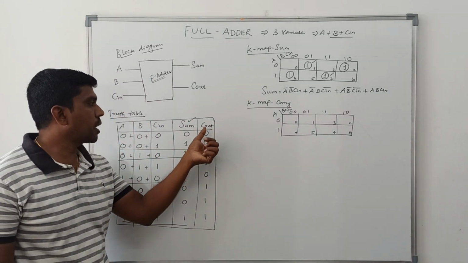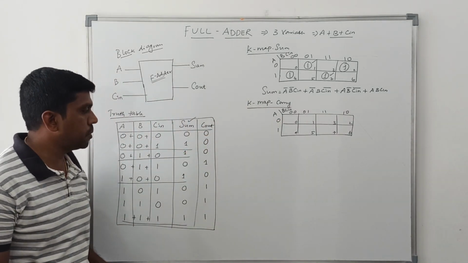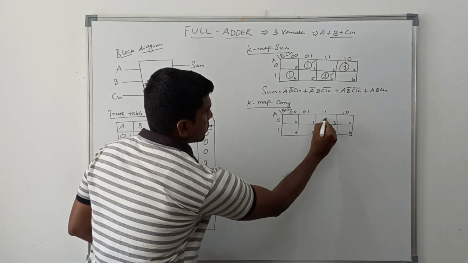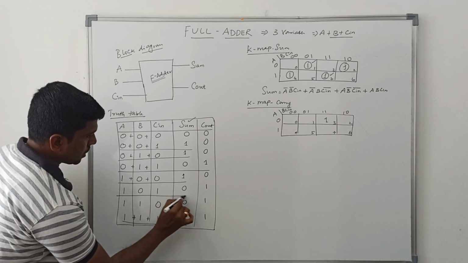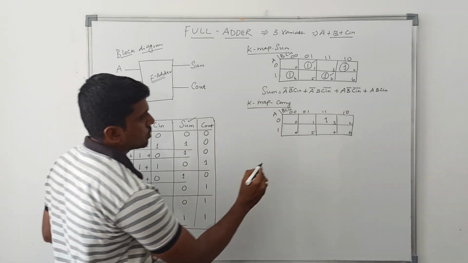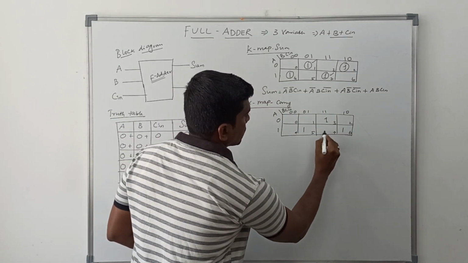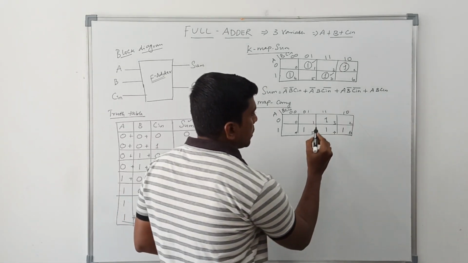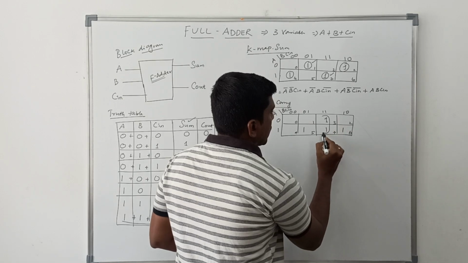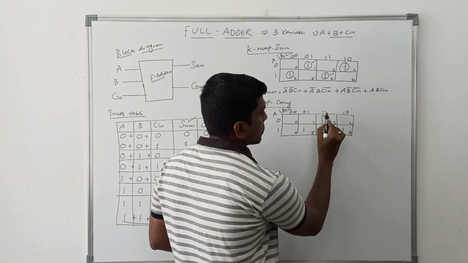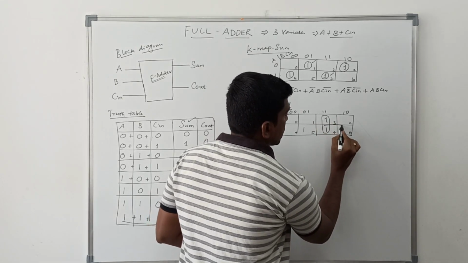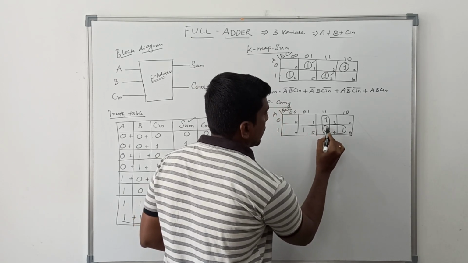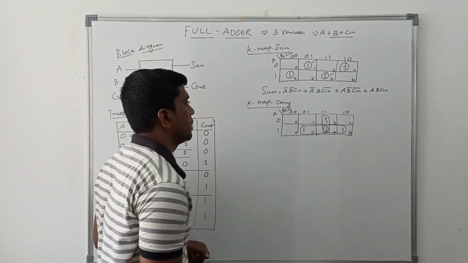Now fix the carry out values into the K-map. Cell numbers 3, 5, 6, 7. Now check the grouping possibility. 3 and 7 are adjacent 1s, so take one pair. 7 and 6 are adjacent 1s, so take one pair, and 5 and 7 take one pair.